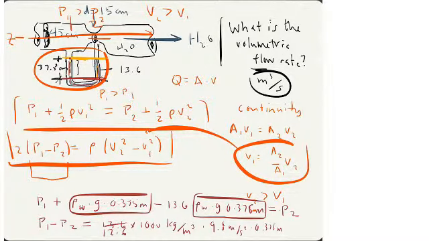So what do I get there? 12.6. Let me move. Can I go to another page? How do I do that? All right. So P1 minus P2 is equal to 12.6 times 1,000 kilograms per meter cubed times 9.8 meters per second squared. Is that right? Okay, so that's roughly, what is that?